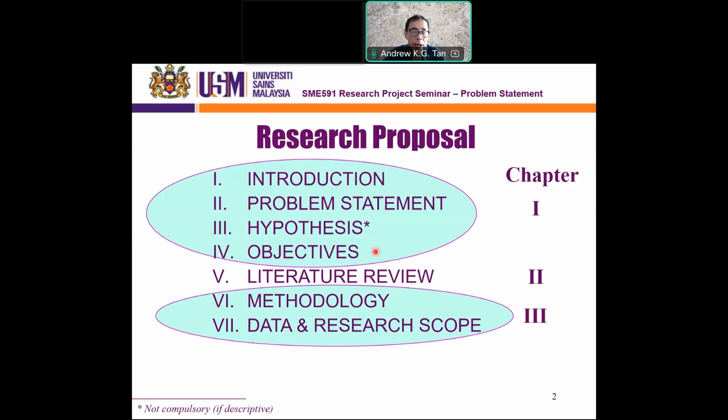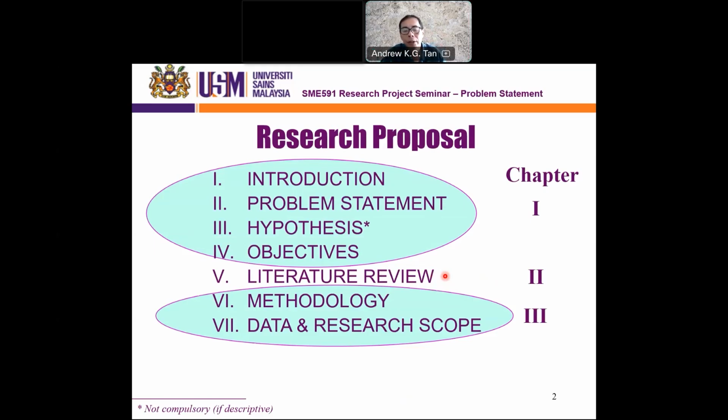If you identify your objectives seriously in SME591, then you can use it also for your SME599 research project. Similar to the lit review, which will be in chapter 2 of your research project later on.